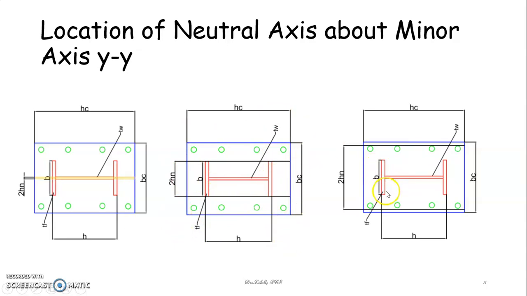Here you take the third case where the 2H region is going beyond the B region. So it is within the BC by 2, because always we represent HN from the CG. So it is greater than B by 2 and it is lesser than BC by 2. So this is the way you calculate the HN distance about minor axis.